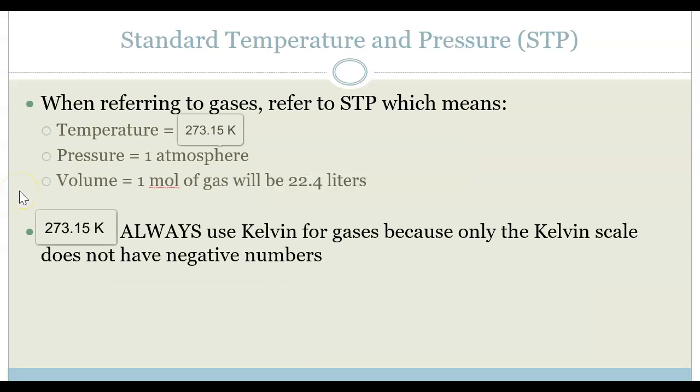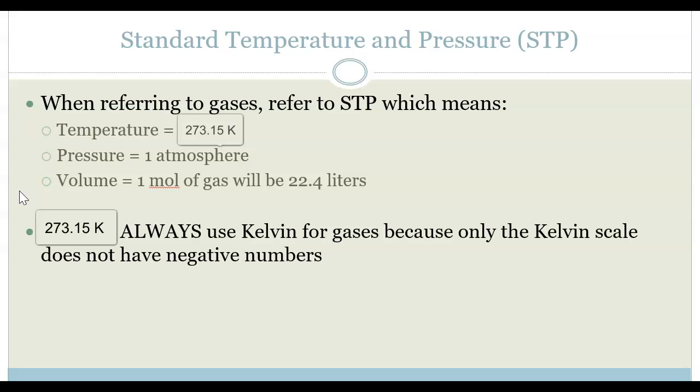All right, so a few other key things to know when we talk about gases. Oftentimes we refer to something happening at standard temperature and pressure. When we're referring to gases, this means that the temperature is going to be at 273 Kelvin, or 273.15 Kelvin. We always use Kelvin for gases because Kelvin is the only temperature scale that does not have negative numbers.